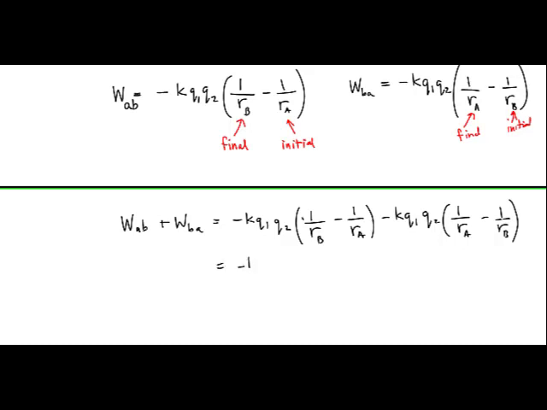Let's factor out the constants K, Q1, Q2, and the minus sign from both expressions. This leaves us with 1 over the distance at point B minus 1 over the distance at point A, plus 1 over the distance at point A minus 1 over the distance at point B. Notice everything cancels out.